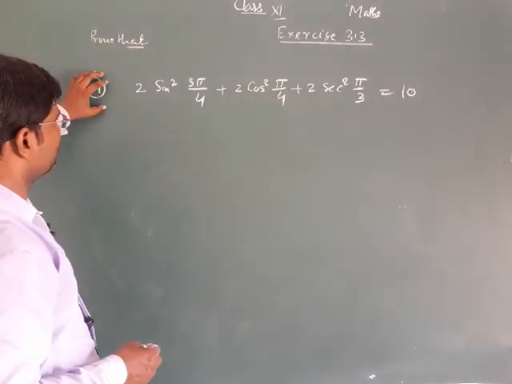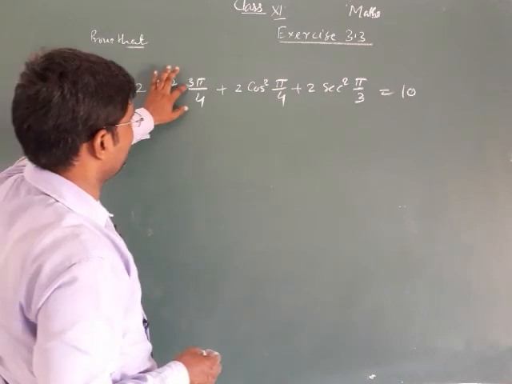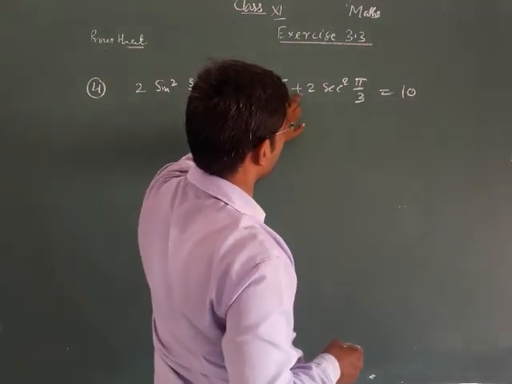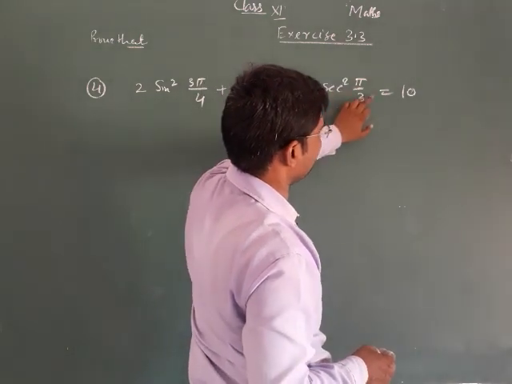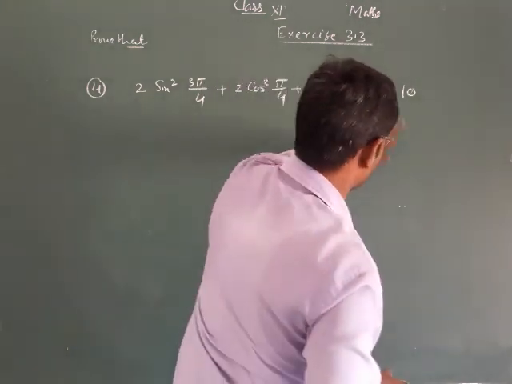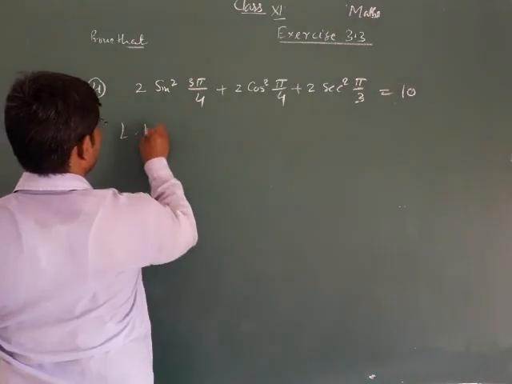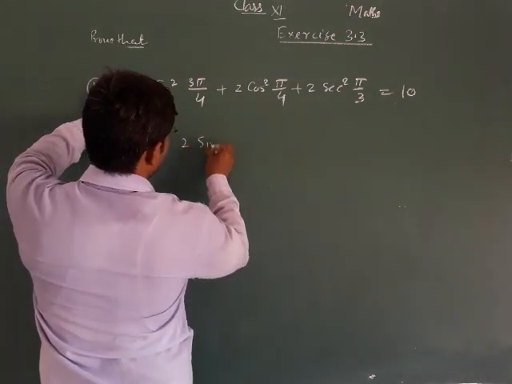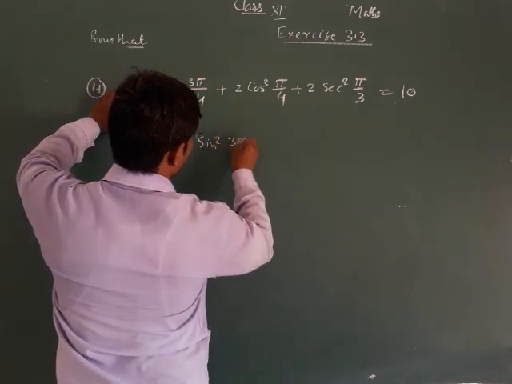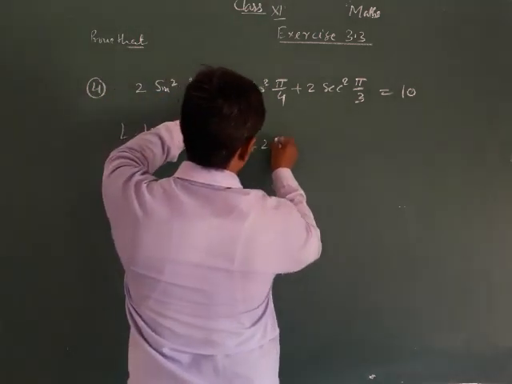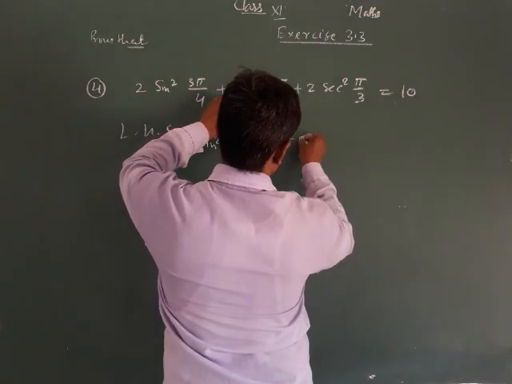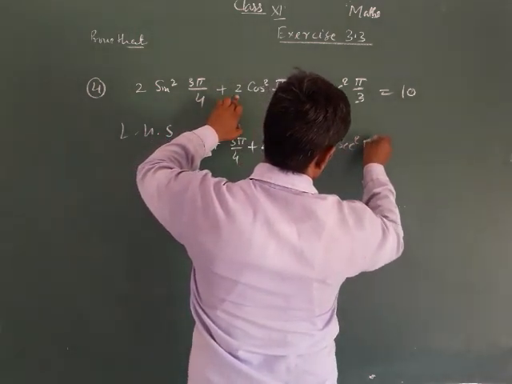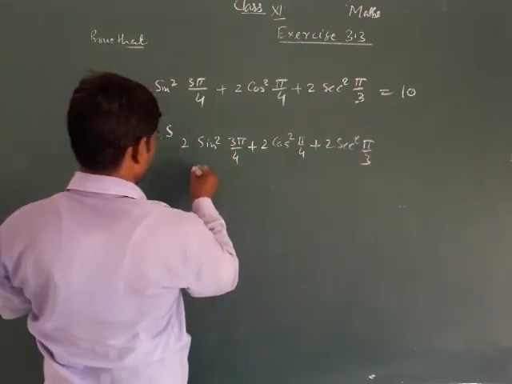Prove that, question number 4: 2 sin squared 3π/4 plus 2 cos squared π/4 plus 2 sec squared π/3 is equal to 10. Now taking LHS, write here 2 sin squared 3π/4 plus 2 cos squared π/4 plus 2 sec squared π/3.